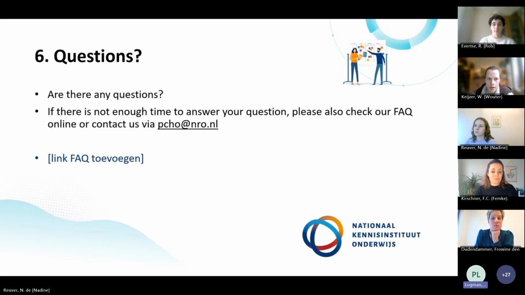Okay, and it's about that one. And maximum one person can be a co-applicant. And does it count for both people or just the main applicant? I believe so, but I'll need to check that a bit more in depth. But I believe it goes for the main and co-applicant. Yeah. For both. Okay, clear.